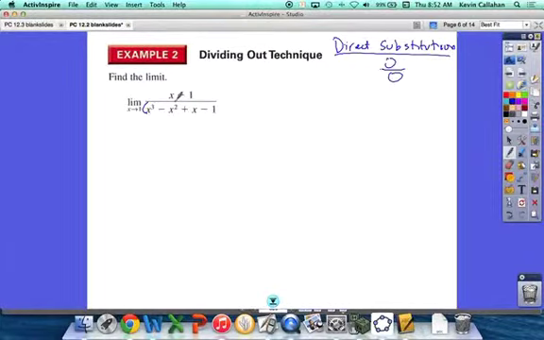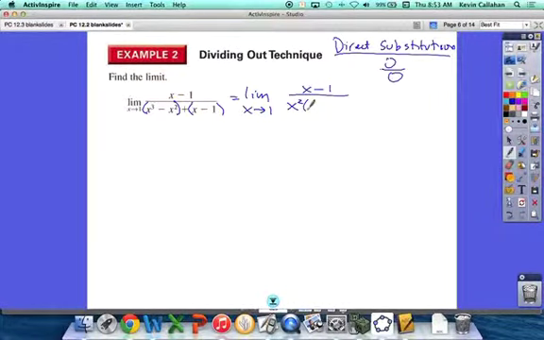If you do it by grouping the first 2 and grouping the last 2, this is going to be the limit as x approaches 1 of x minus 1. And then the first set of parentheses has a common factor of x squared.